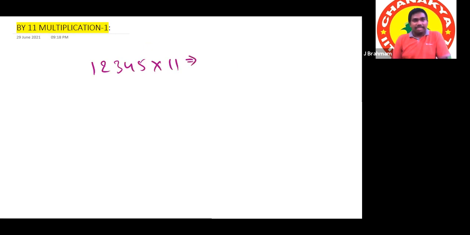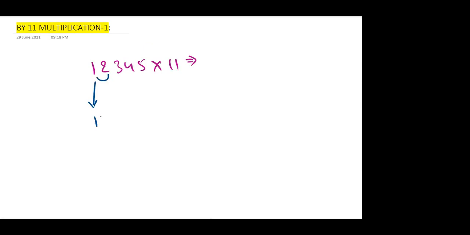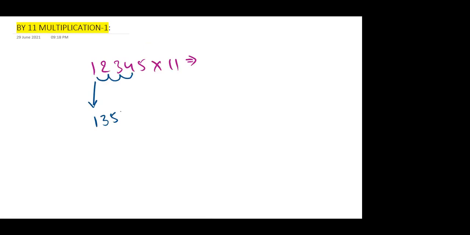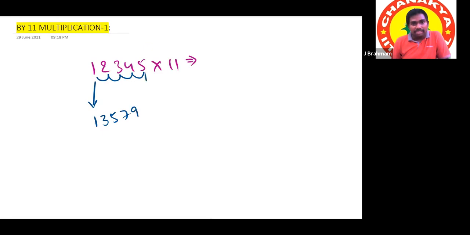It is very interesting and easy. Take the first digit as it is, 1. Later, 1 plus 2 is 3. 2 plus 3 is 5. 3 plus 4 is 7. 4 plus 5 is 9, and again the last digit as it is. That's all. Multiplication over.